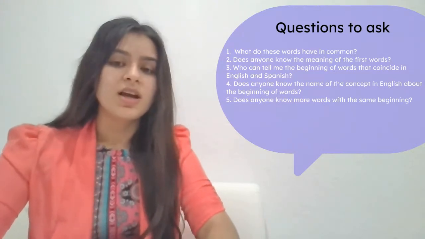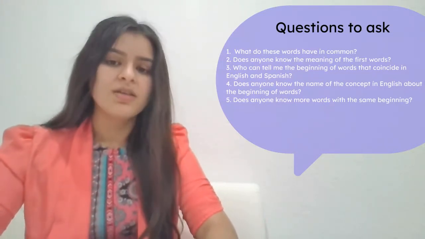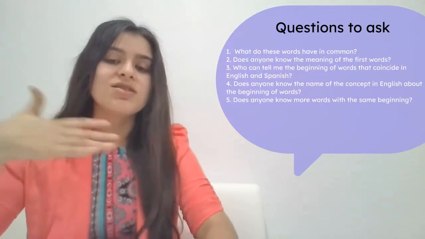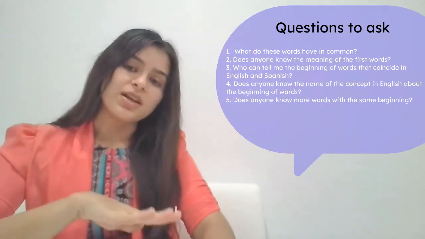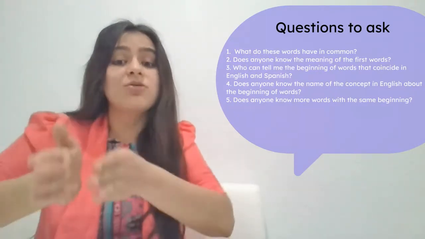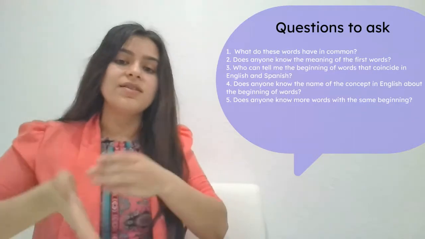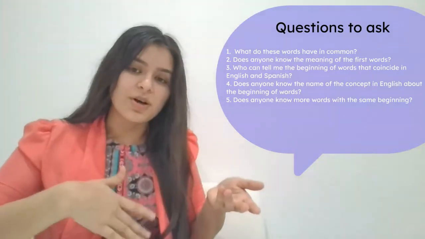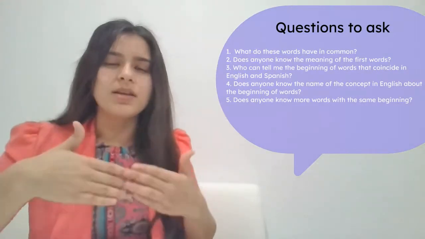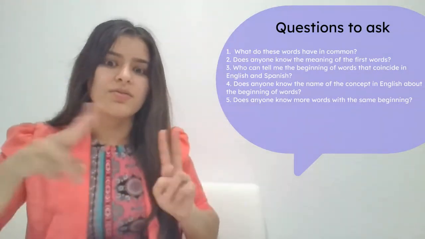For example, the word inconveniente from the first example is inconvenient in English, right? So they can see, oh, miss, I know this word in English. It sounds like Spanish and I know the meaning. So they can start making connections from language A to language B. This is a good strategy for ESL students as well. If they're learning English and they are in their Spanish class, they can think, oh, okay, I can make this connection for both languages.